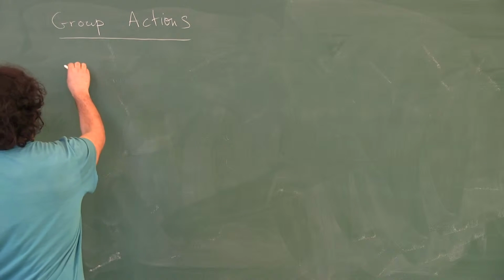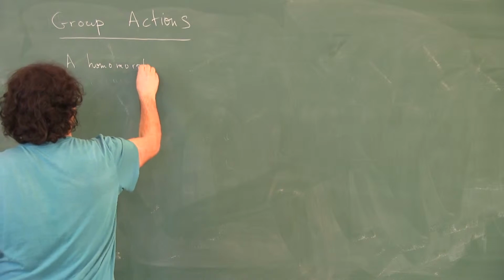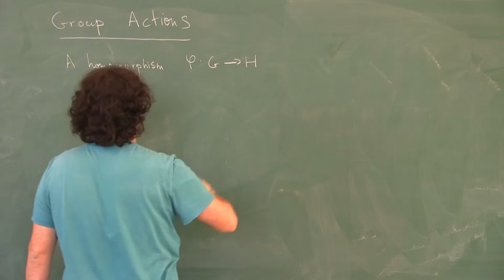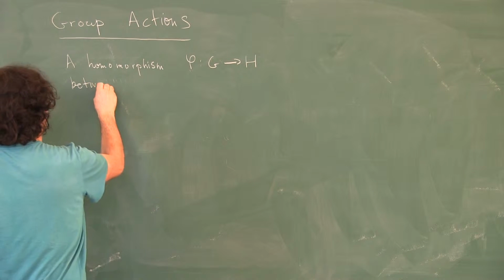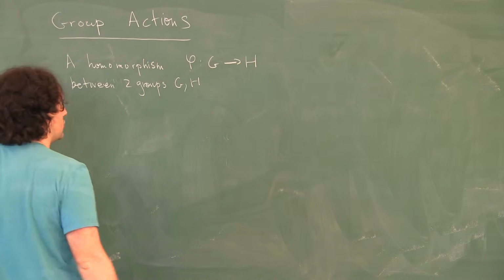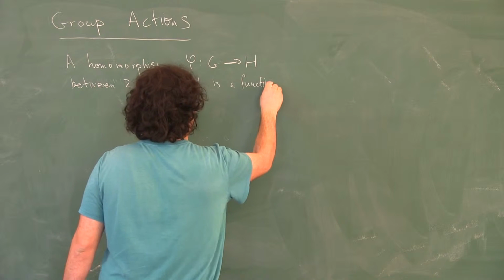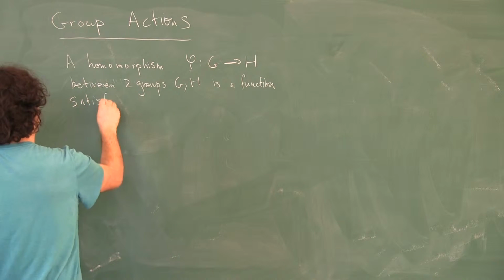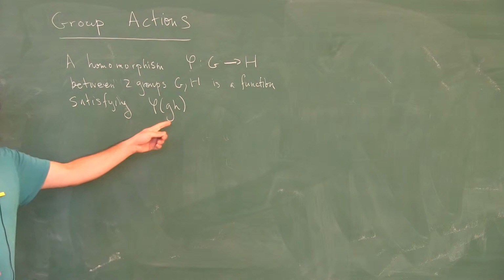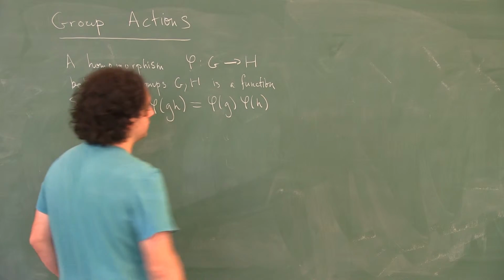So remember that a homomorphism phi between two groups G and H is a function satisfying that phi of a product g times h is phi of little g times phi of little h.